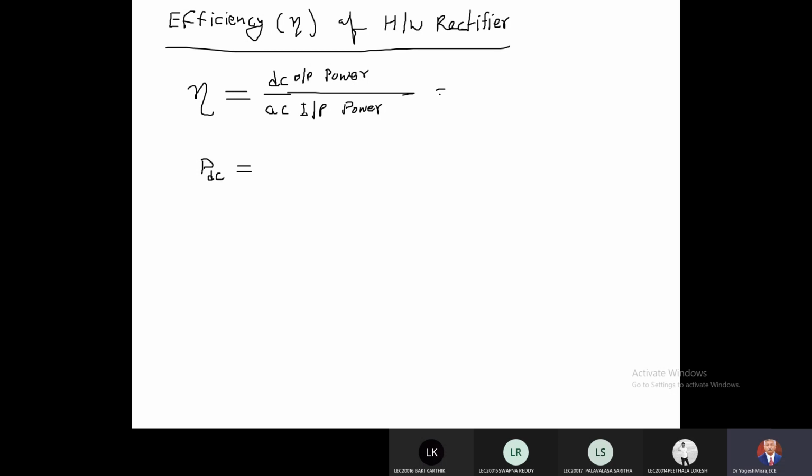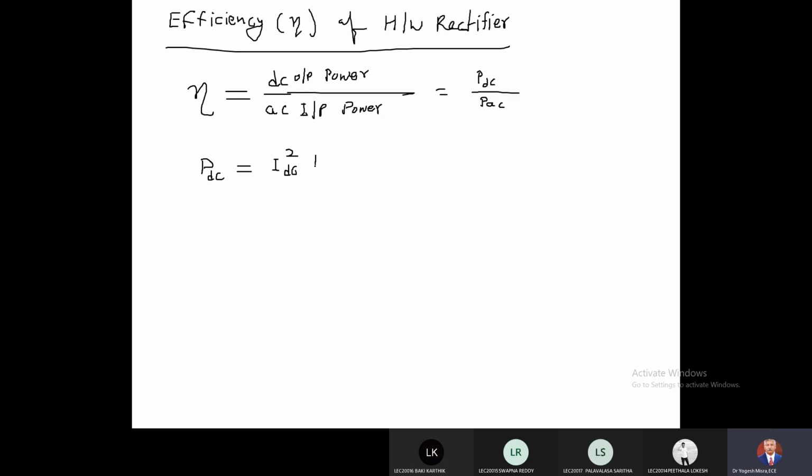So here also I will write power DC by power AC. So DC output power is I square R. And it is DC, so I DC square, right?